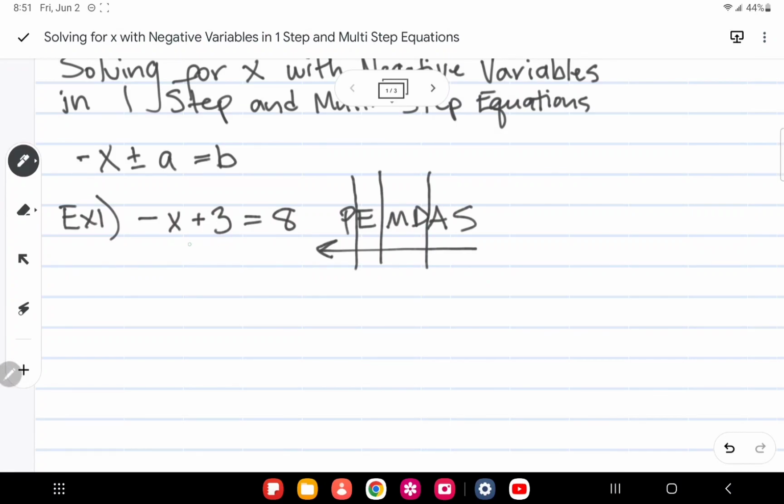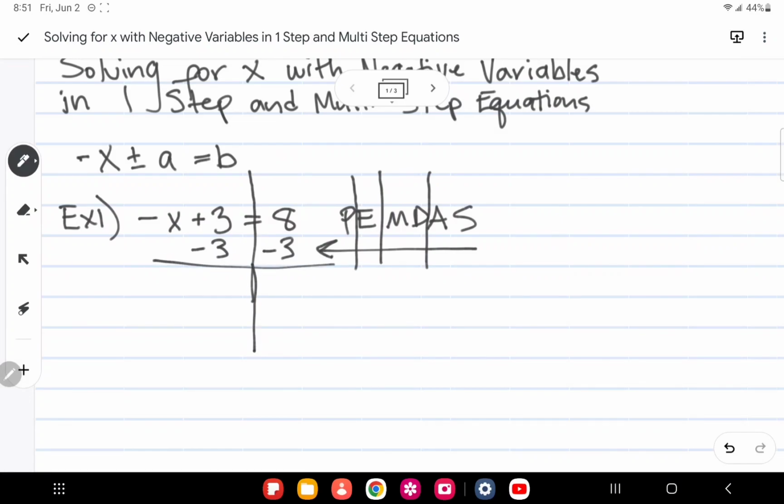So here, let's take a look. What's the operation that's being done to the variable negative x? It's being added 3. What is the opposite of addition? It's subtraction. So we will subtract 3. Don't forget to draw the little wall on the left, separating the left and the right side.